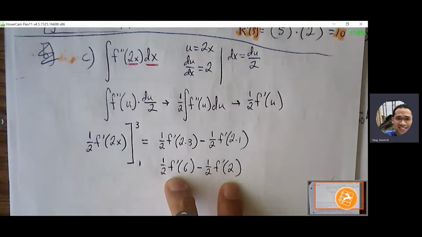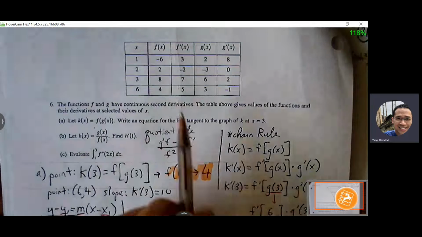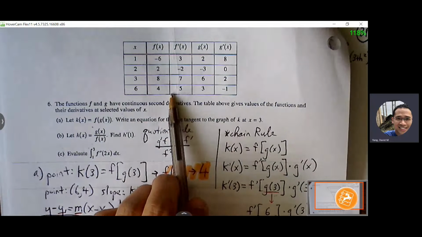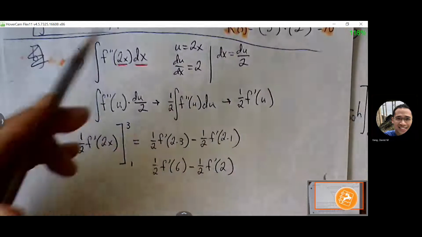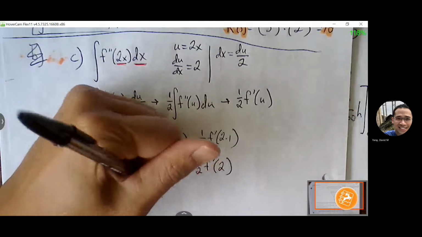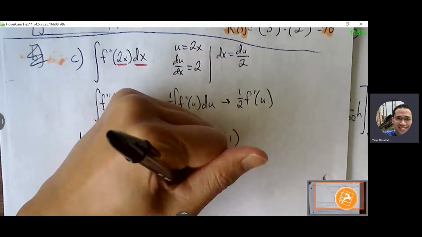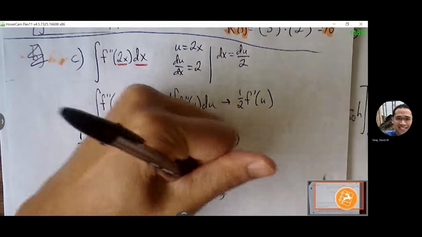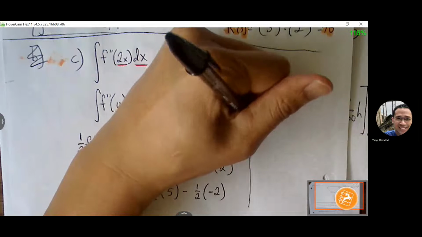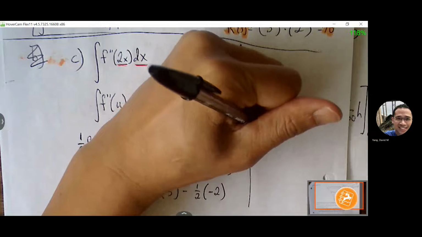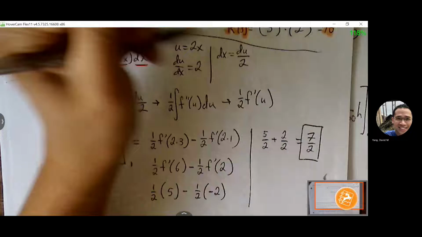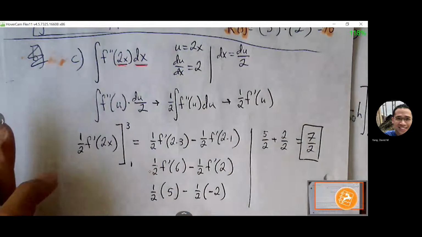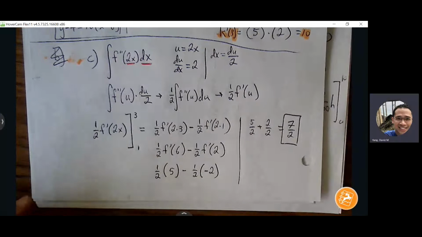We can just look at our table above and find those values. f prime of 6 is 5. f prime of 2 is -2. Keep track of your negatives here. Okay, good.